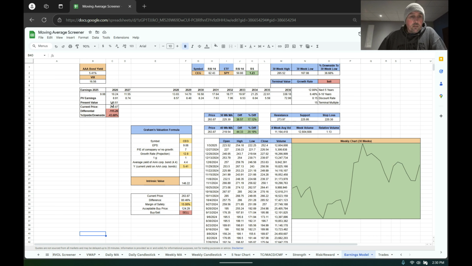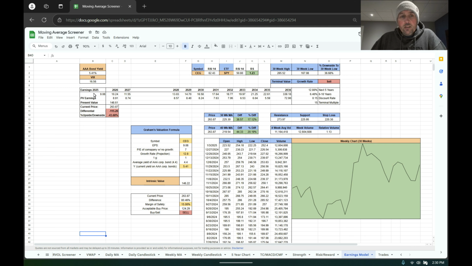This is based on our growth rates and our forward earnings. This is a $148 stock with a current price of $263, which is about $115 overvalued, which suggests 43% of downside. But remember, I talked about news on my last YouTube video that this has a catalyst, I believe it was $1 billion in government deals.